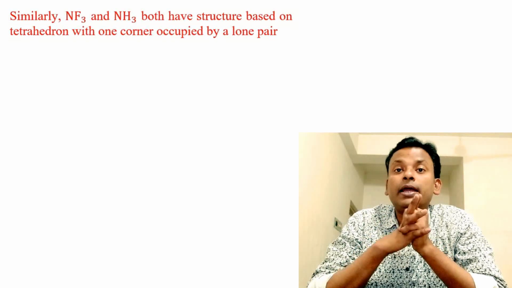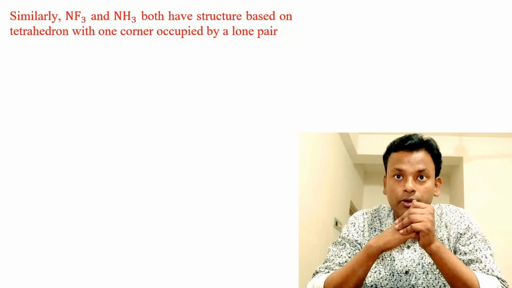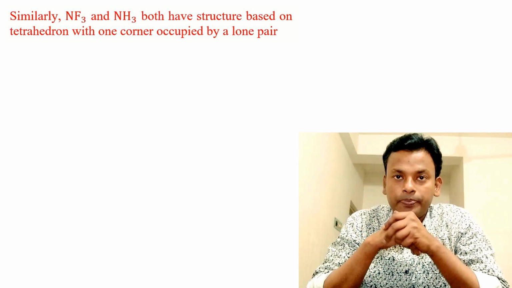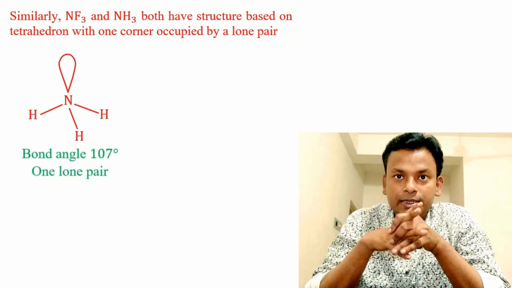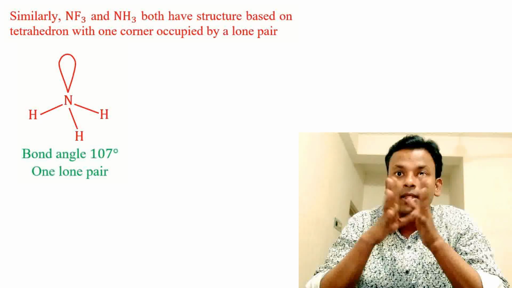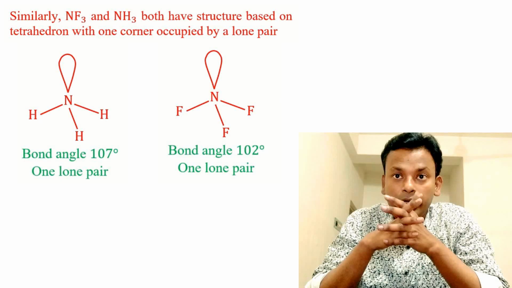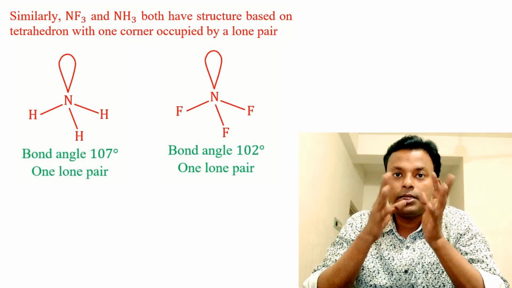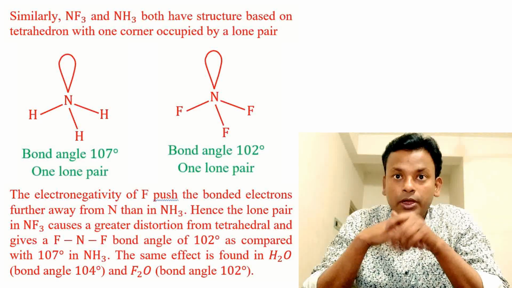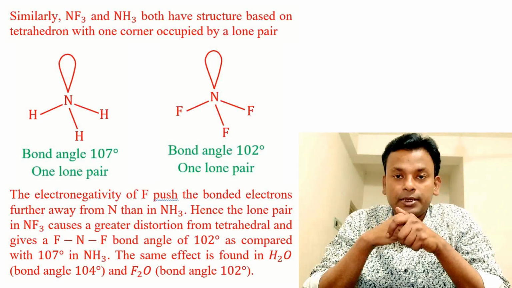Similarly, NF3 and NH3 both have structures based on a tetrahedron with one corner occupied by a lone pair. The first one is NH3, bond angle 107 degrees, one lone pair. The second one is NF3, bond angle 102 degrees, one lone pair. The electronegativity of fluorine pushes the bonded electrons further away from nitrogen than in NH3.